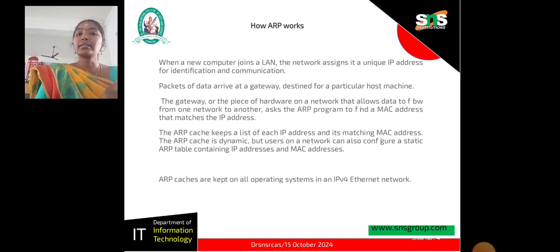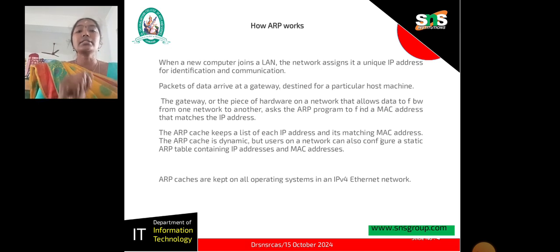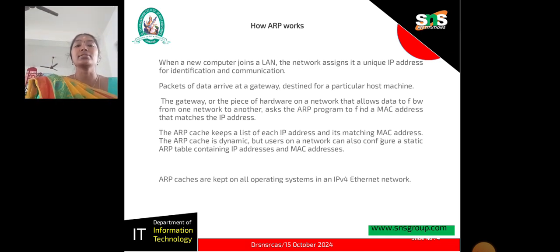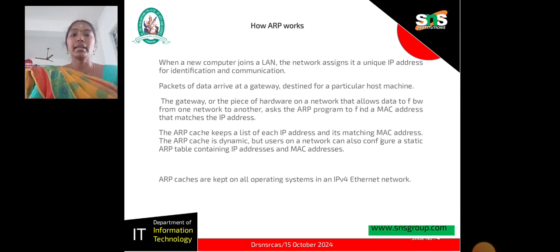The MAC address list and the IP address must match, and only then will it deliver the data. The ARP cache is dynamic, but users can also configure it as static. These IP addresses and MAC addresses follow the Ethernet network.